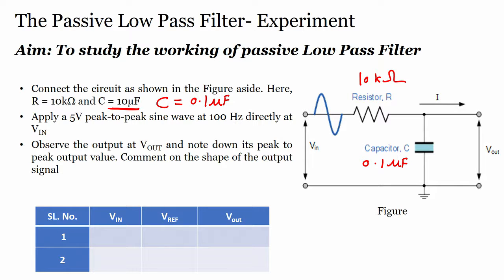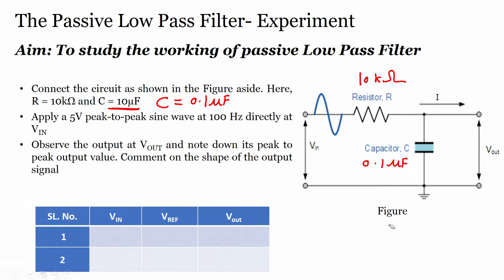Now you see what is the voltage V out. Here I am also assuming that my cutoff frequency FC is about 159.15 hertz, alright. Let me again write it down clearly.